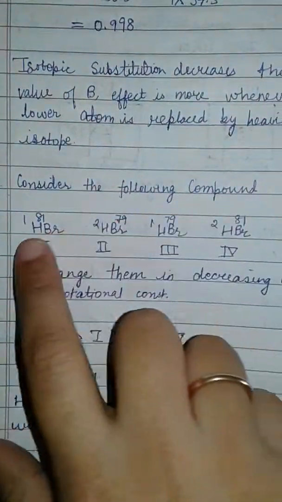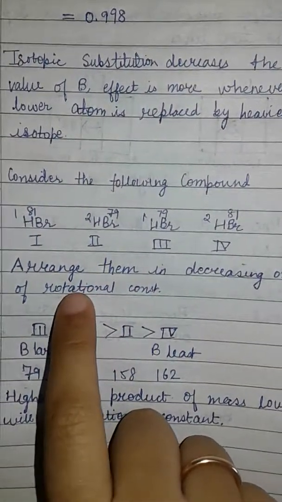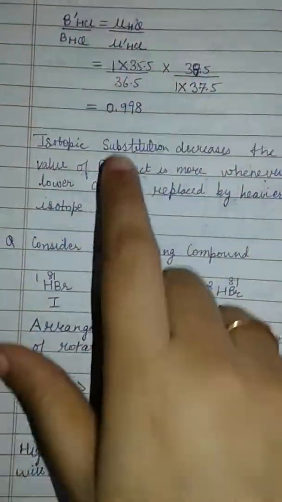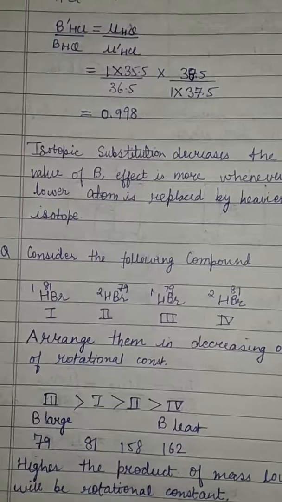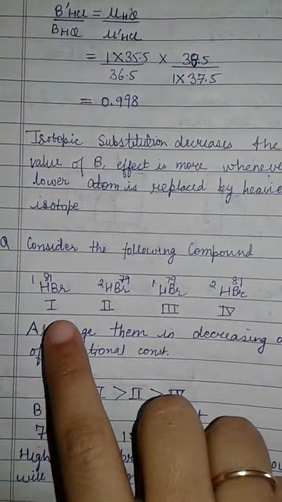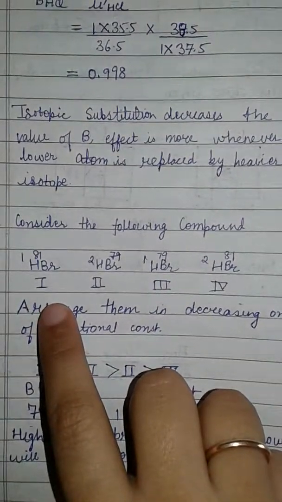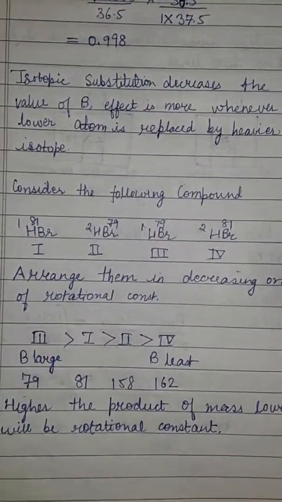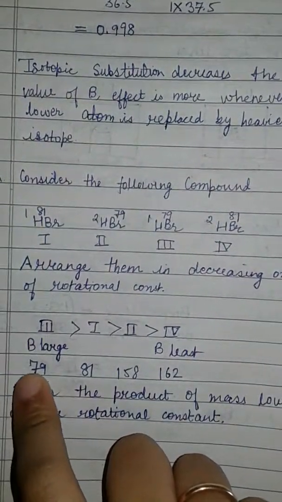Now next question. Consider the following compounds, arrange them in decreasing order of rotational constant, that is B value. For that we don't have to calculate using the formula and put the mu of all the molecules, calculate the B values for each, and then work out which is greater or smaller. It is just a trick to see which B value is smaller or greater.